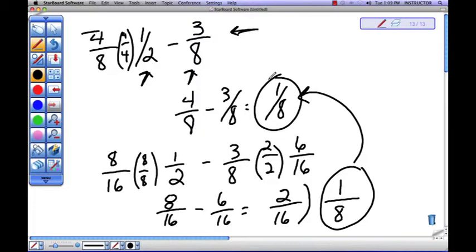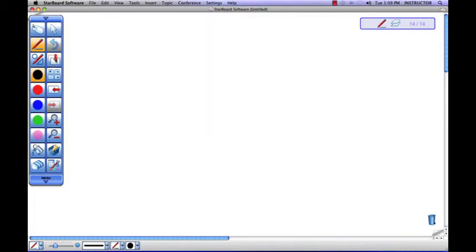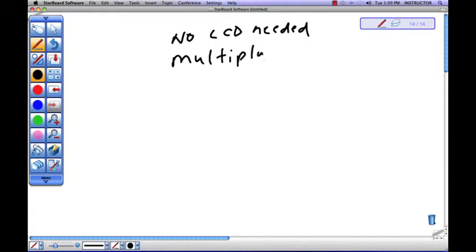So let's recap. For multiplying and dividing, no common denominator is needed. For multiplying, remember, no LCD is needed. We multiply across, and then ask ourselves, can I reduce?